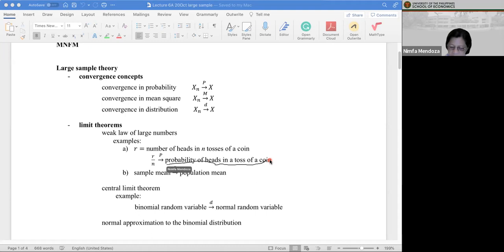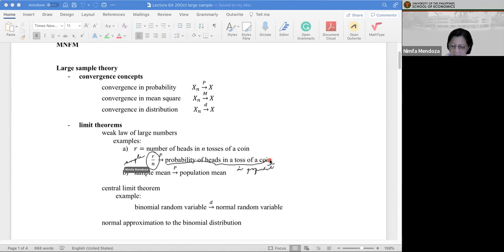So this is the probability of heads in the toss of coin in the population. But suppose we run an experiment, we have n tosses and count the number of heads in n tosses of a coin. So this is from the sample.